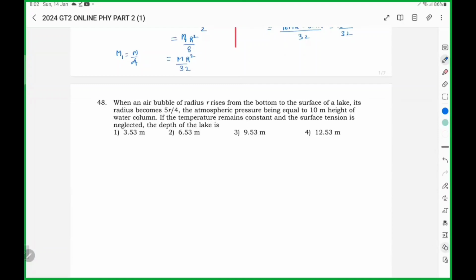Here, an air bubble of radius r rises from the bottom to the surface of a lake. So this is our lake, and here is a bubble, completely filled with water around. The atmospheric temperature is fixed.